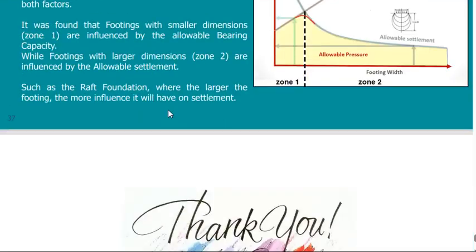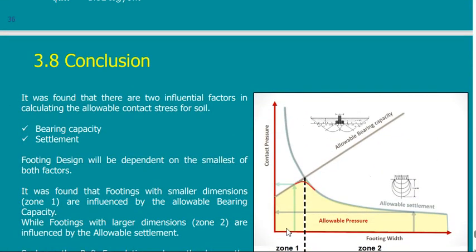So we repeat this many times for different B. I say here 1 meter, 2 meter, 3 meter, 4, 5, 6, and so on. Each time calculate the allowable for shear, which is the bearing capacity failure, and the allowable for settlement. Each time, suppose you are here, you are going to get this point and this point.